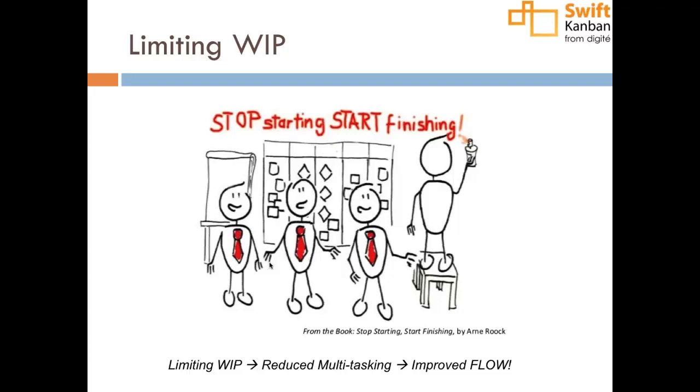But the whole concept of implementing WIP limits in order to push Kanban's agenda of stop starting, start finishing. This is a picture that we've taken from Anirudh's famous book with the same title. It helps them to reduce multitasking and improve flow. That's certainly a big part of the initial implementation of Kanban.